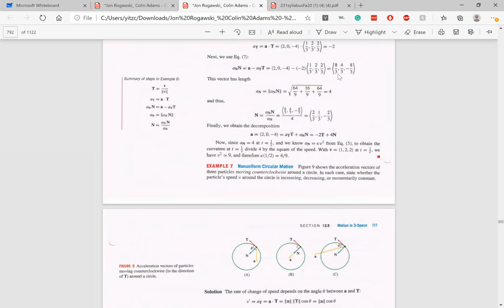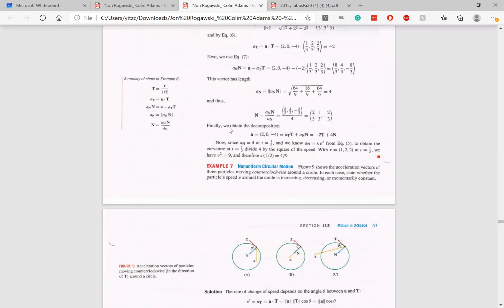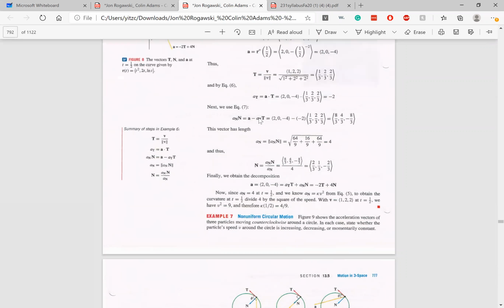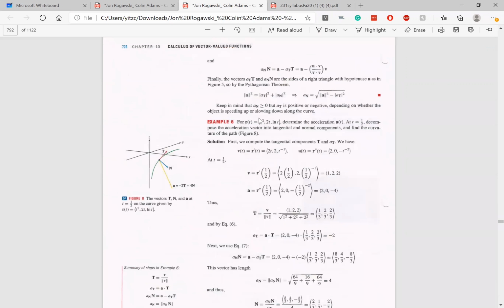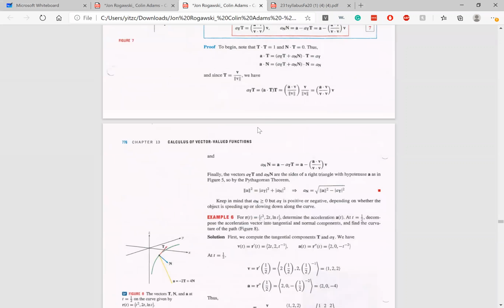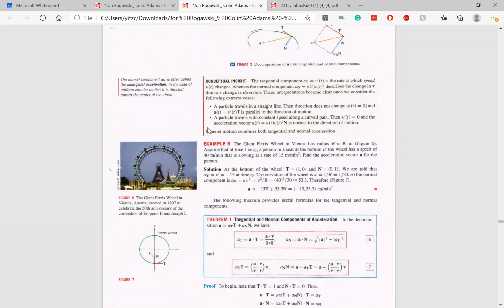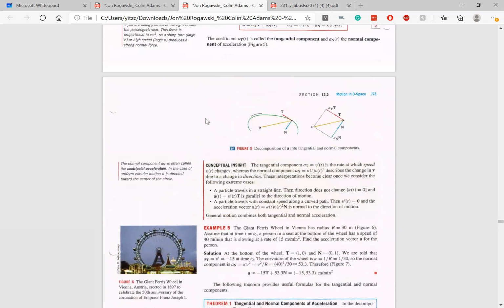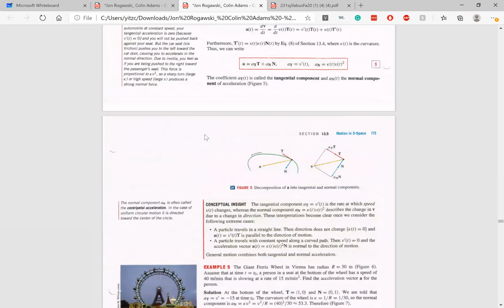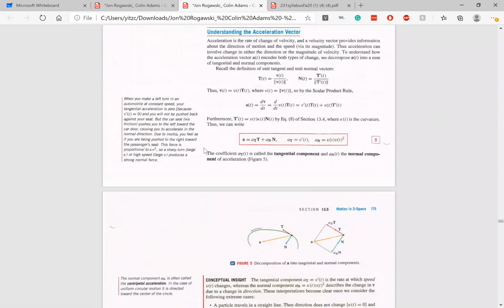Professor, in the homework, in the learning curve, there are many equations for the curvature. So for the quiz, do we only use the one that is r prime cross r double prime over the magnitude of r prime cubed?